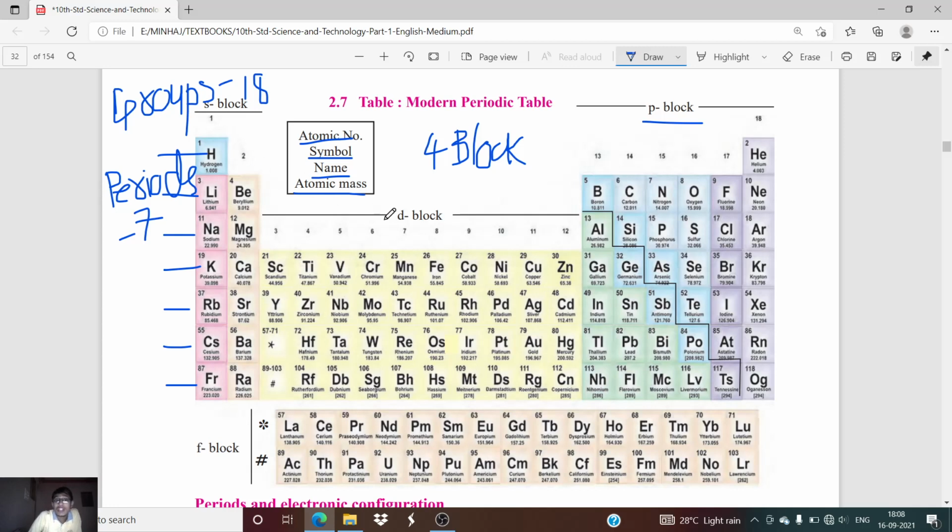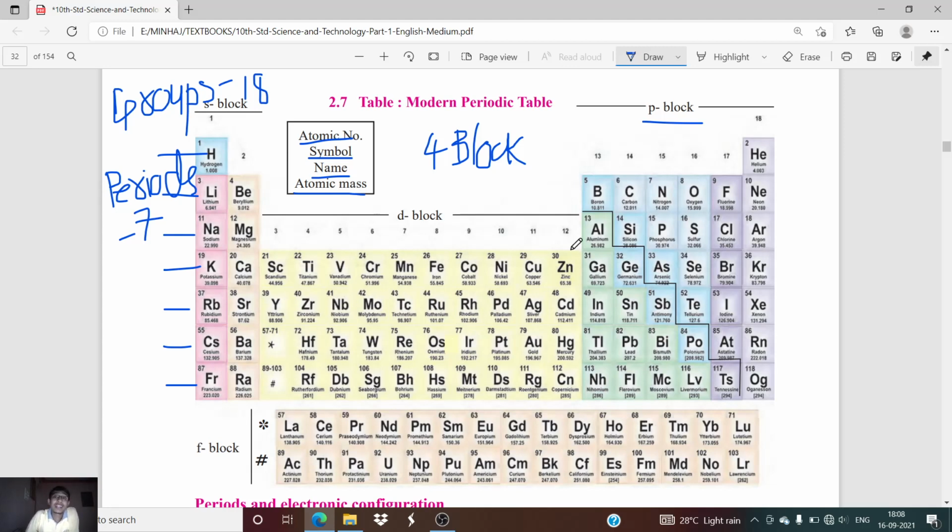Then in the D block, transition metals are placed. All the elements which are there in the D block are nothing but transition metals. So scandium, titanium, vanadium, chromium, mercury, gold, platinum, iridium, all these are transition metals.